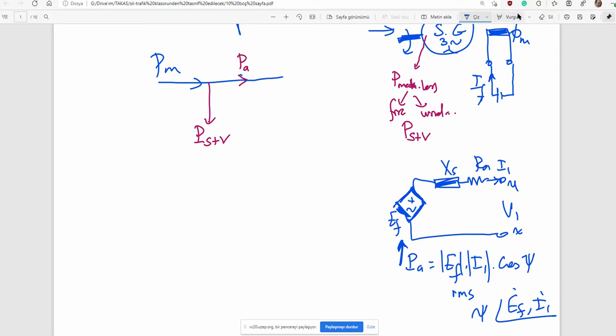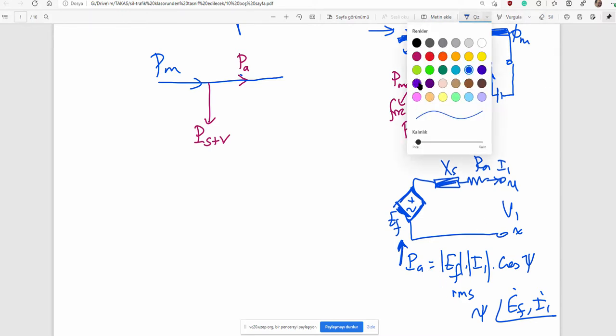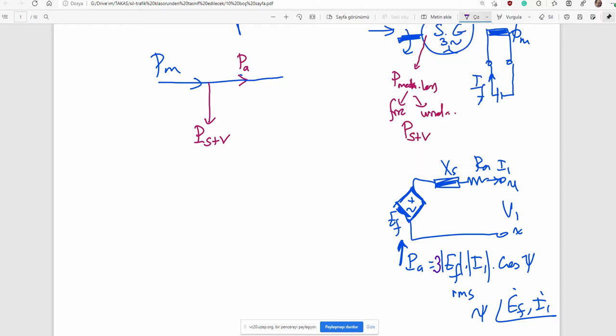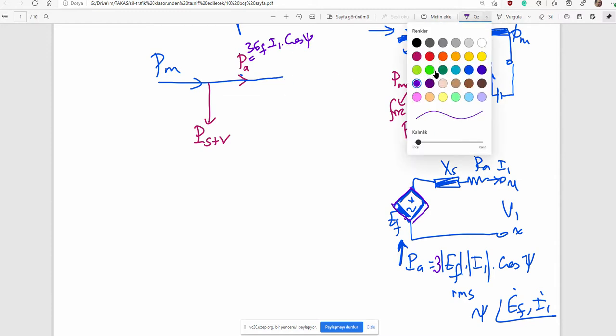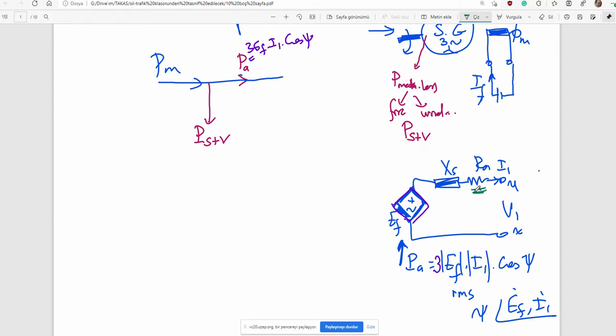That is for one phase, but for 3-phase power you should multiply that equation by 3. Do not forget. The power induced in this device is 3 times EF times I1 times cosine psi, and then some portion will be lost on this element, which is copper losses in the armature.